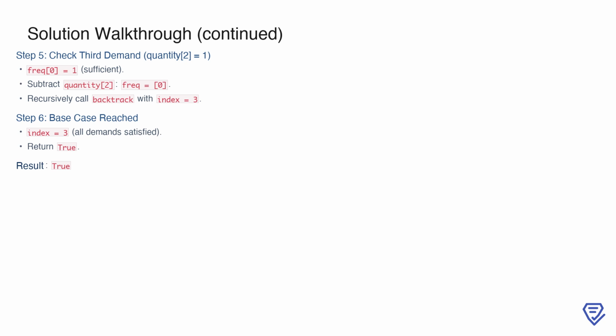At index equals 2, we address the third demand, quantity[2] equals 1. Since frequency[0] equals 1 is sufficient, we subtract quantity[2] from frequency[0], leaving frequency as [0]. With index now equal to 3, which matches the length of the quantity array, we reach the base case and return true. The result for this example is true, indicating that the demands can be satisfied.